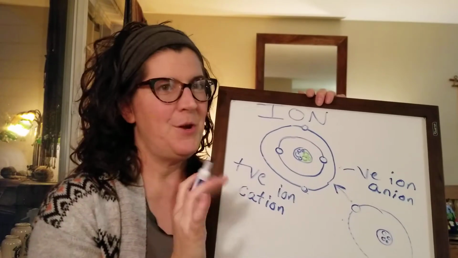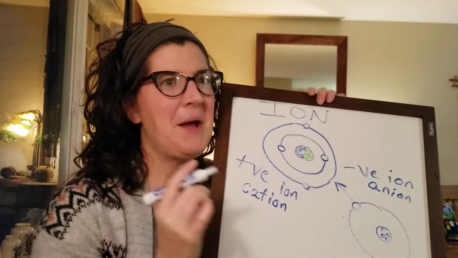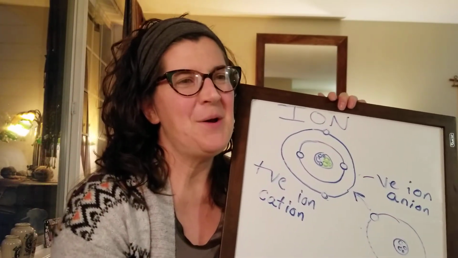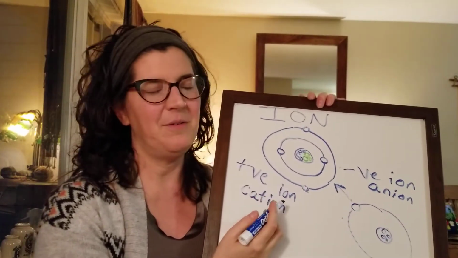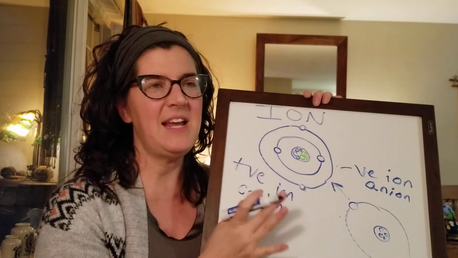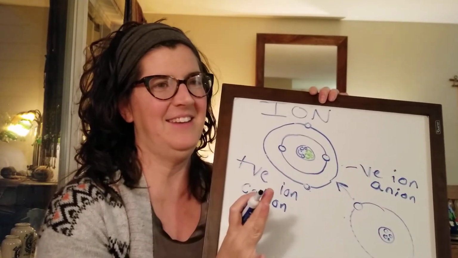So they want you to know all this, so I'm going to show you. Here we go. So let's start with a cation. Don't say the other, it looks like cation, don't say it. It's cation.